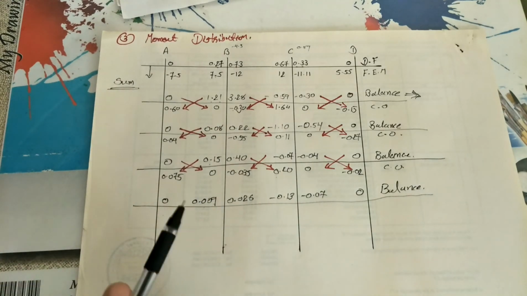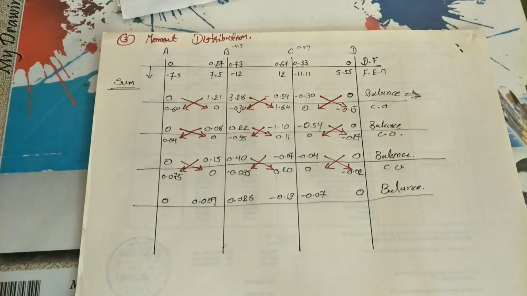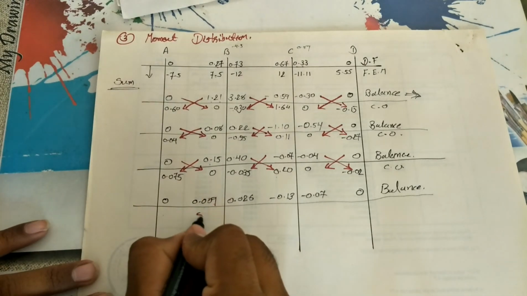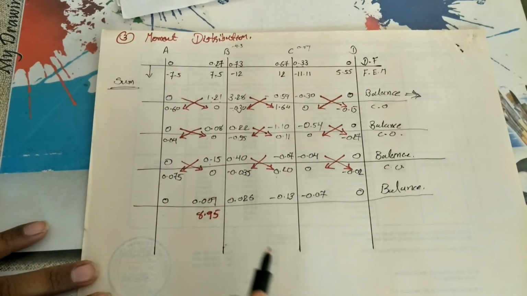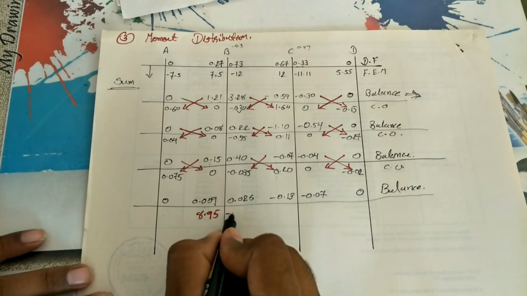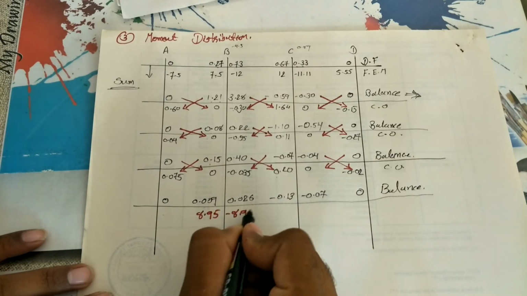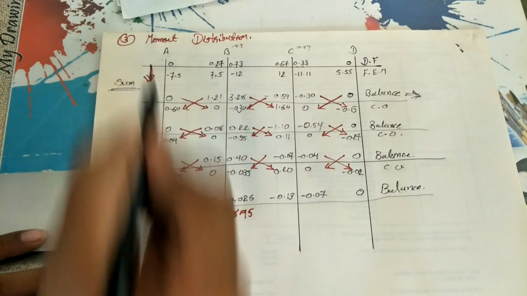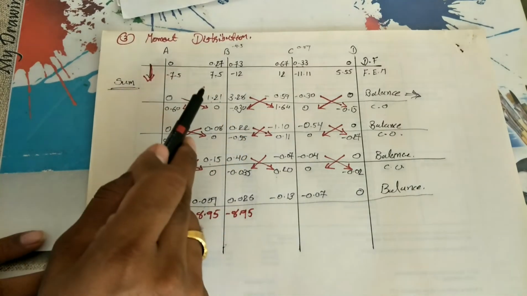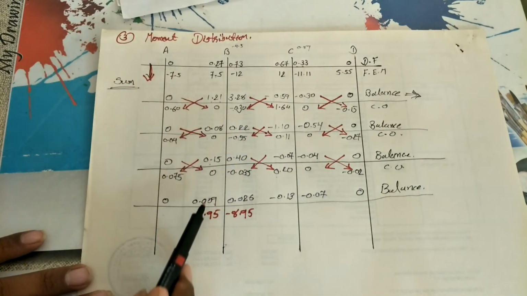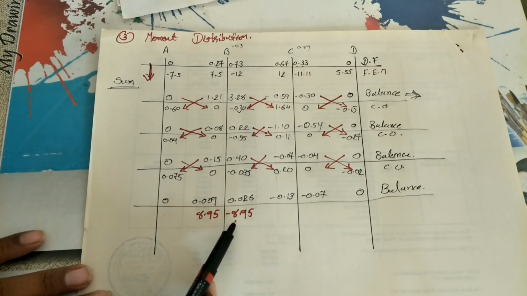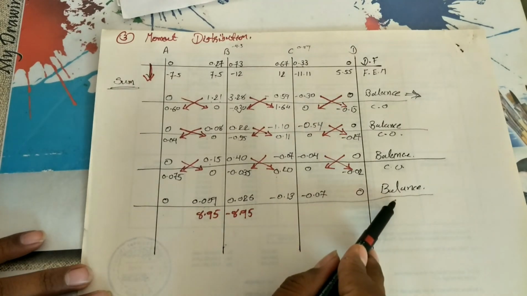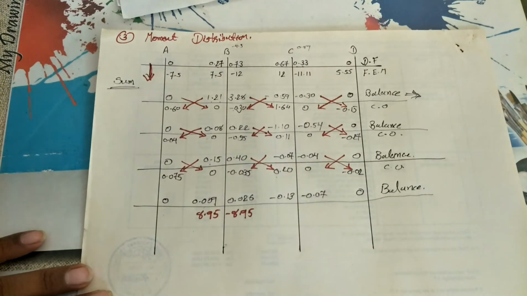Until you get this equal and opposite answer after balancing your moments, you have to continue your calculation.